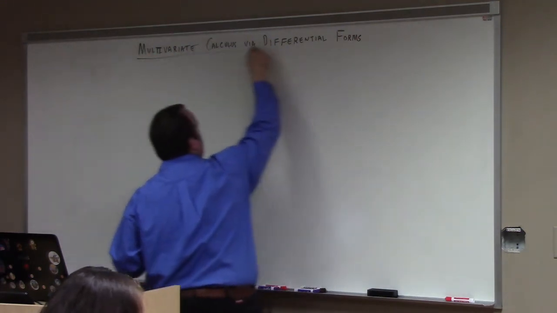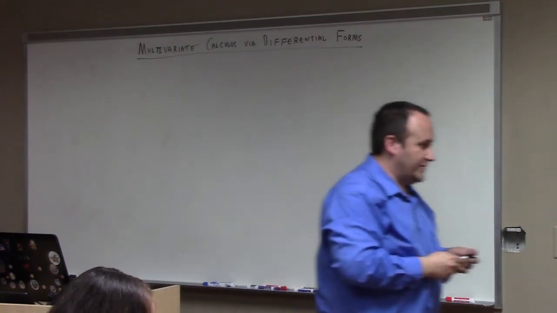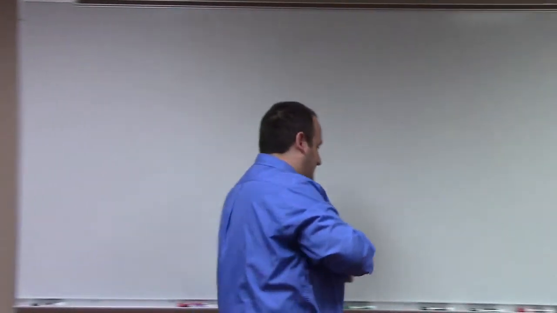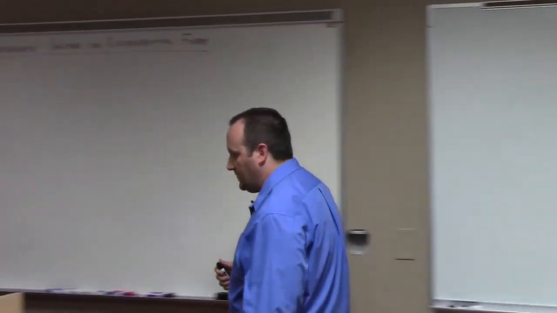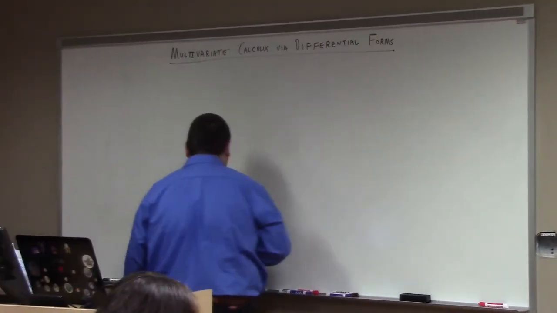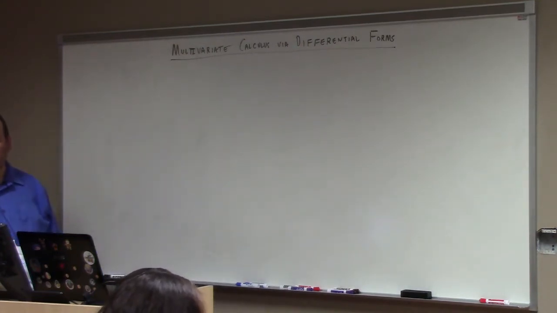What I want to share with you today is both the algebra and a little bit of the analysis of what are known as differential forms. Differential forms give us a way of doing calculus over spaces of arbitrarily high dimension. And this still makes sense when you're on curved spaces and so forth.